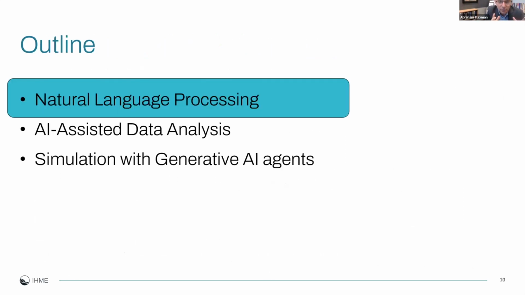And I'm just going to throw back to this as we go, thinking about different ways that generative AI can be used across the board in public health, starting with natural language processing.